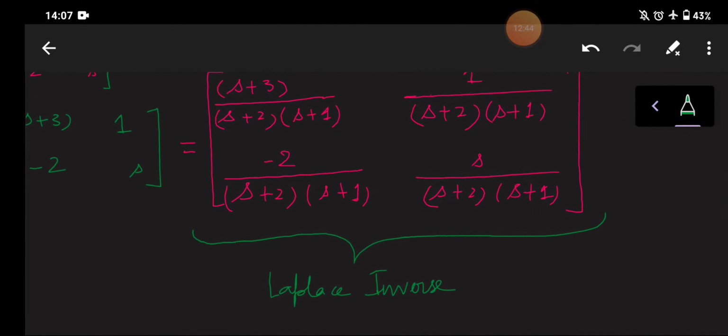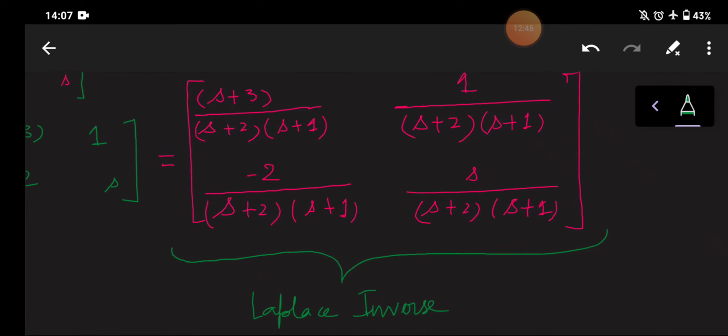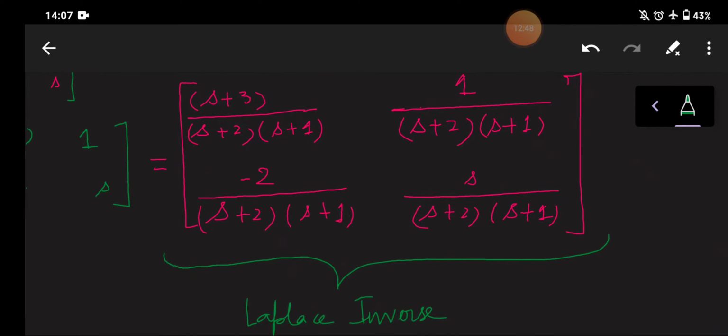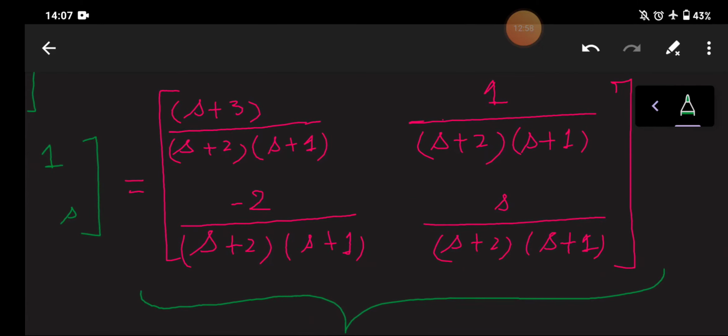Okay, so to do Laplace inverse, as you have studied Laplace inverse, for inverse Laplace we want to take partial fraction for each of the terms. Okay, so first we take partial fraction for this term. And after doing partial fraction we will apply the inverse Laplace transform.